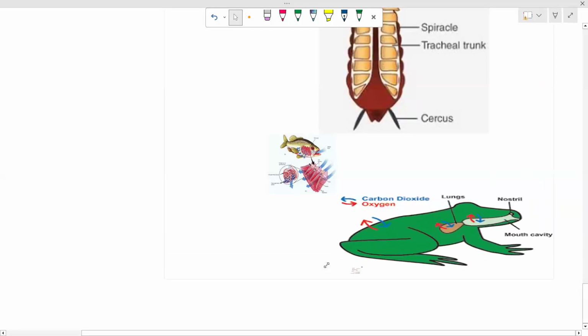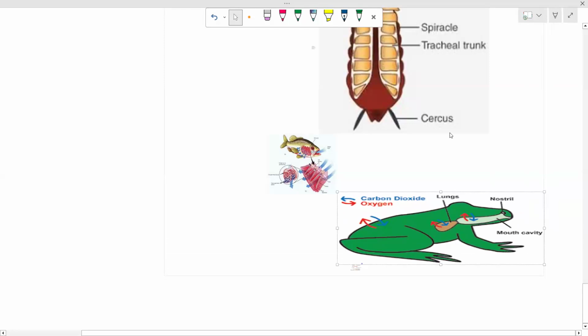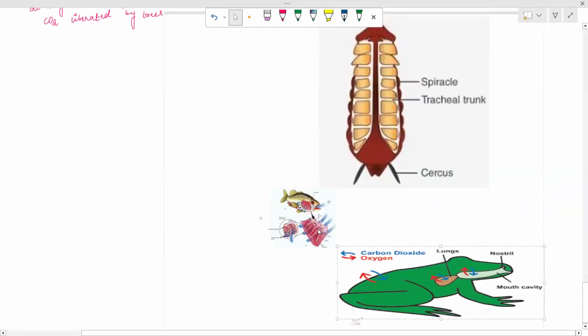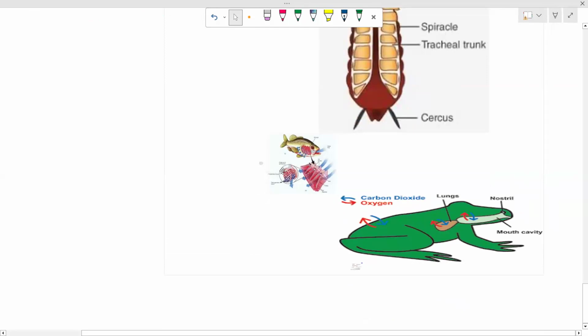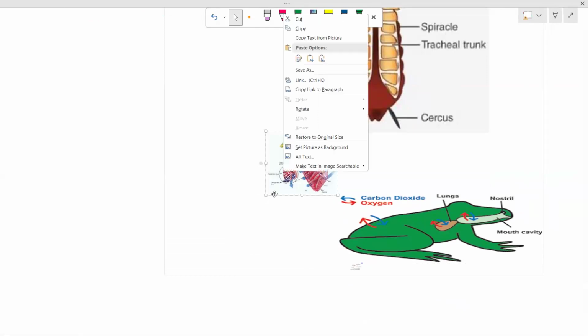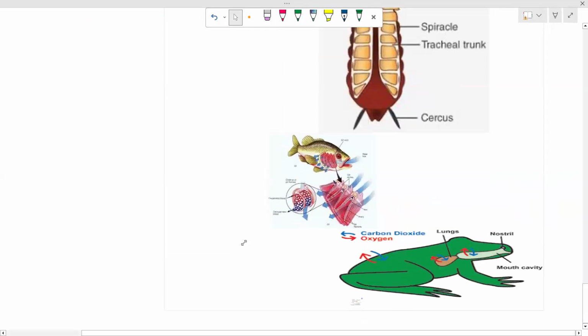Gaseous exchange takes place through spiracles. These are the structures, and spiracles are present on the side. No, ma'am, I think it's something else, they have two antenna-type structures on the front.